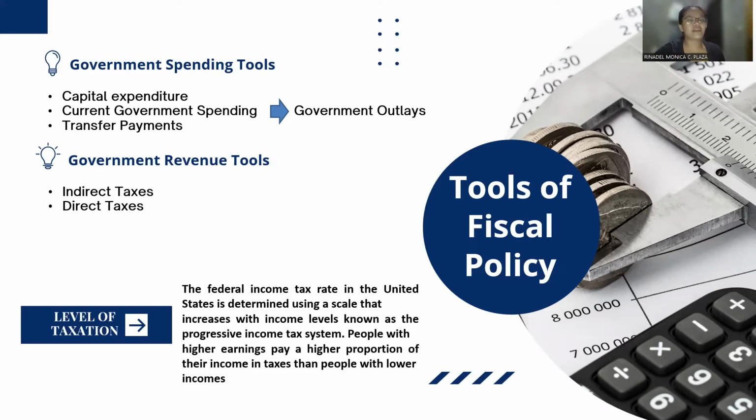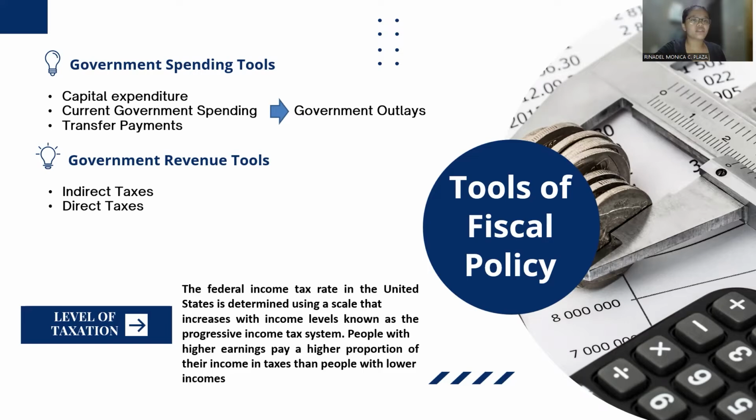So what is capital expenditure? This refers to the amount of money spent by the government on things like construction of schools, roads, and hospitals. This spending adds to the capital stock of a country and has an impact on the country's productivity.